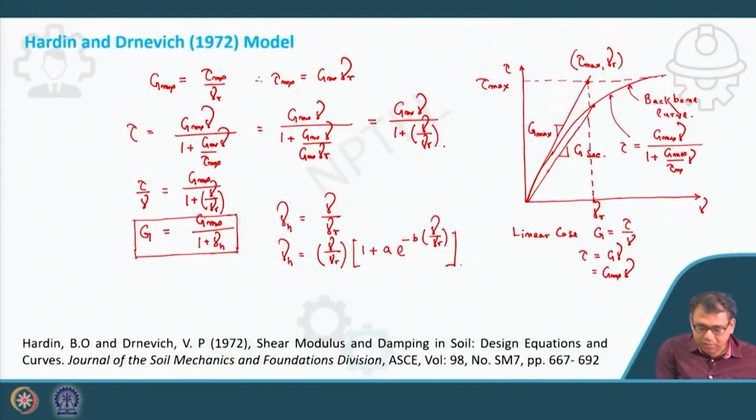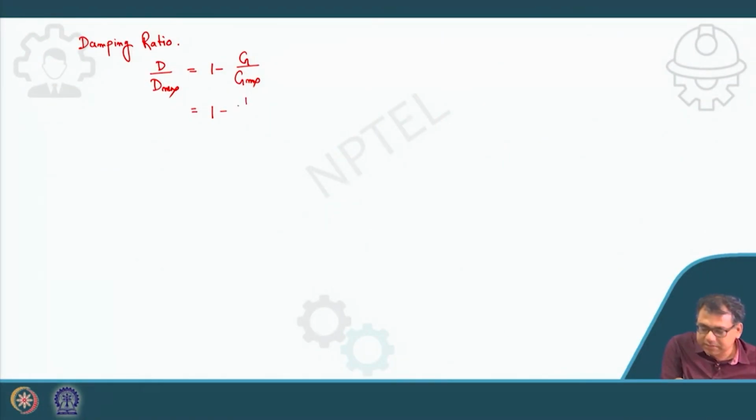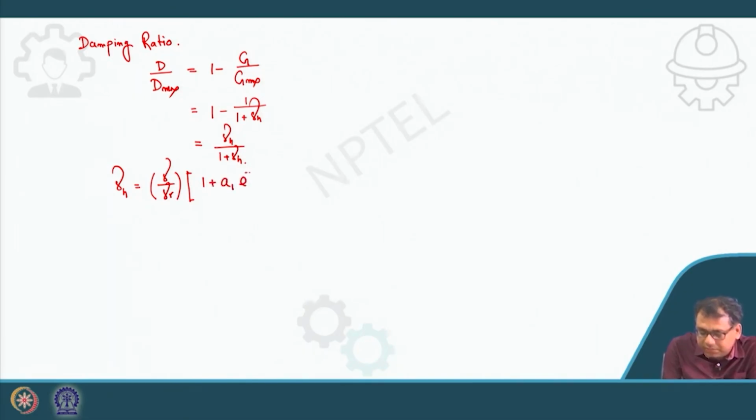G by G max is 1 by 1 plus strain H. Or you can write this as strain H divided by 1 plus strain H. Here also we can represent this strain H as shear strain divided by shear strain reference, and 1 plus A1 e to the power minus B1 strain divided by strain reference.